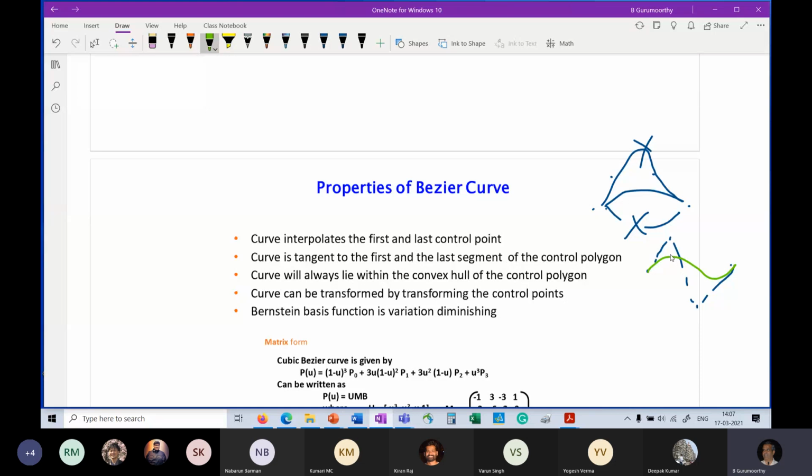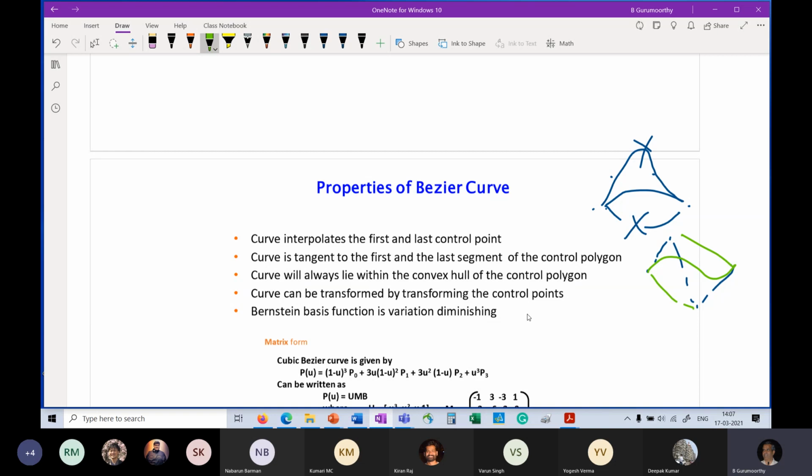It may be off a little here, a little there, but by and large, this is what the curve will look like. Why? Because it has to take off from here, tangent to this line, it has to end here, tangent to this line, and it must be inside this convex hull, right? And therefore, you get a lot of predictability on the curve.